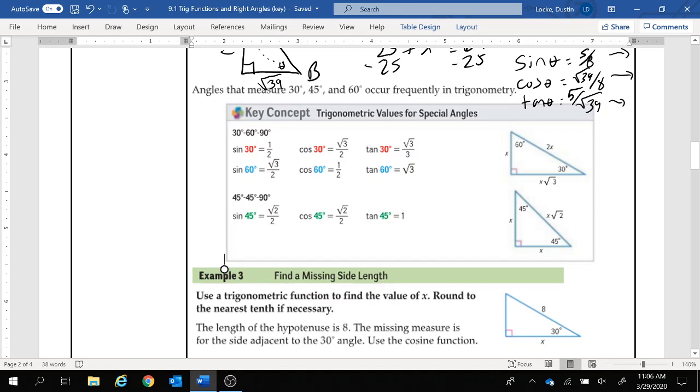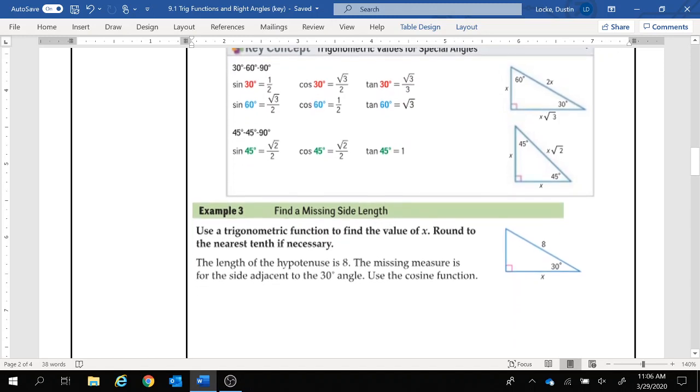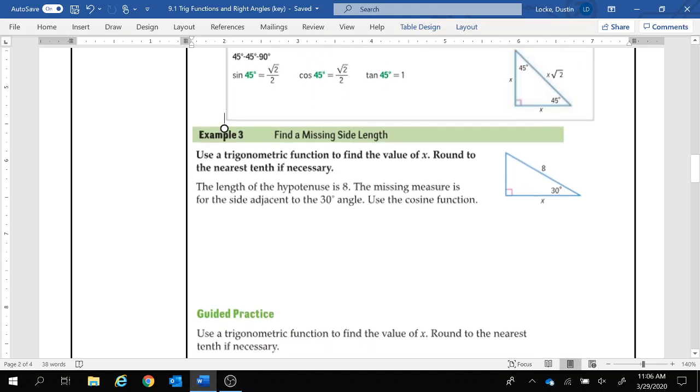If you can follow what's in this box, by all means, you can do it this way. But I want to make sure we remember how to write our actual equations with the trig function and solve for what's missing.